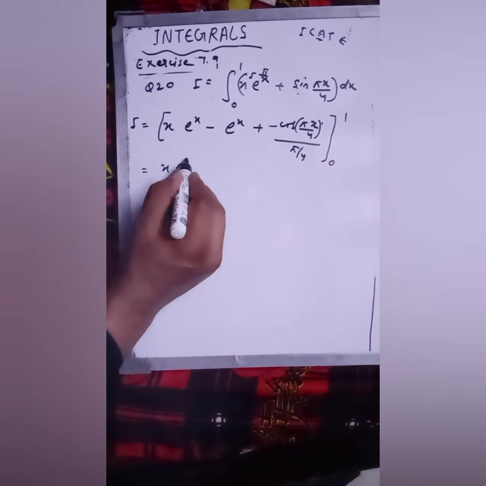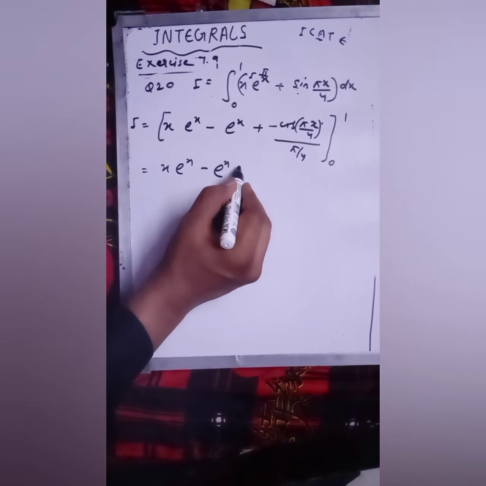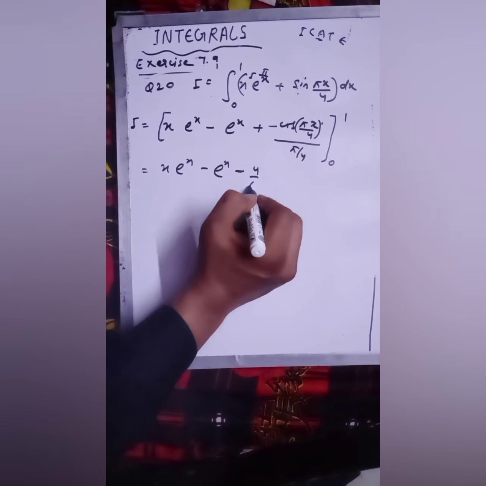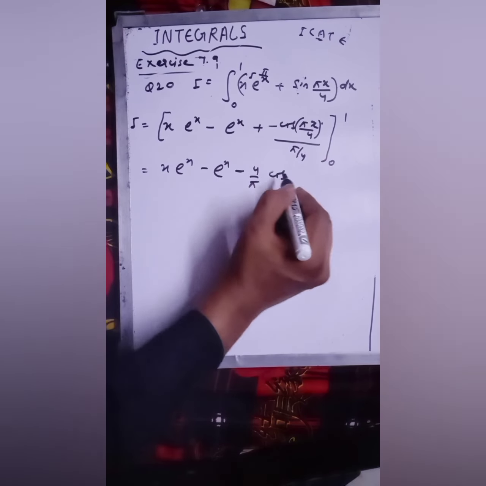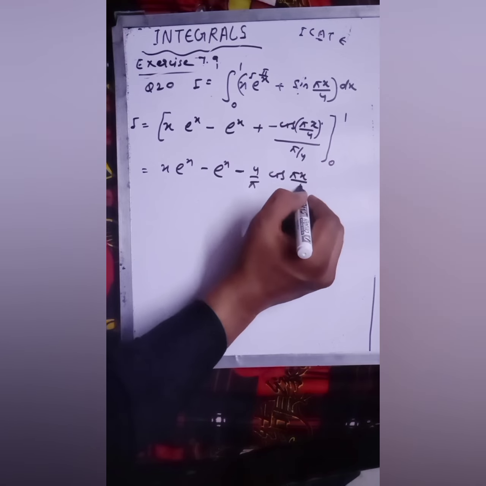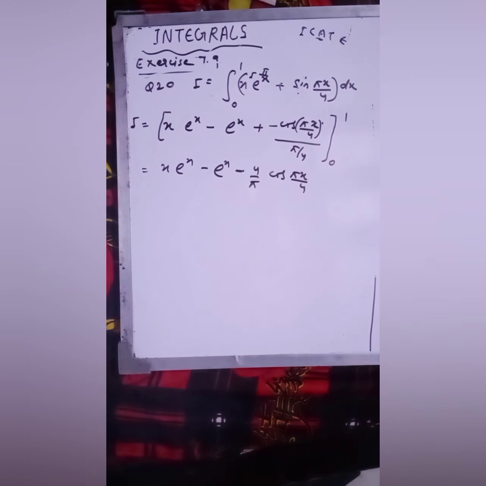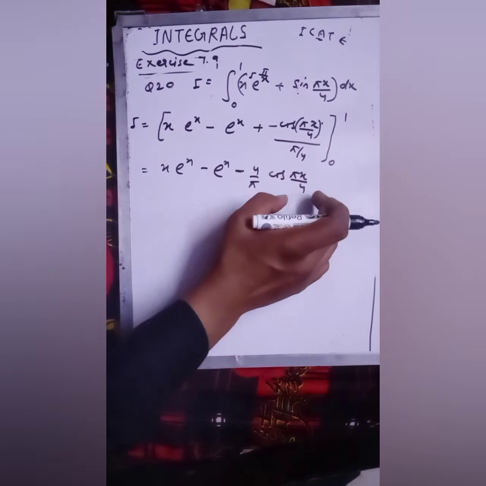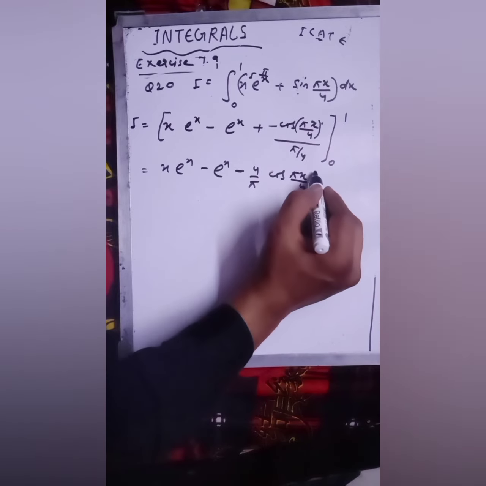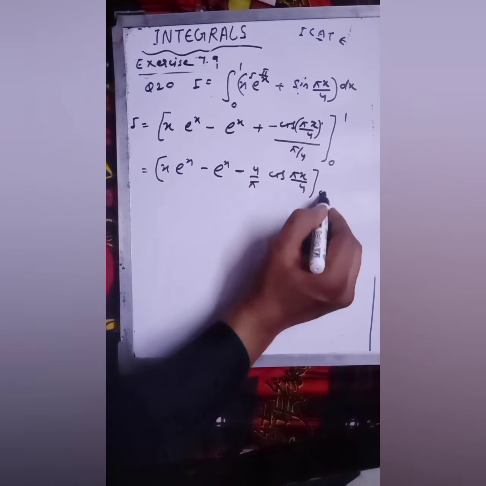So x e^x minus 4 by pi cos(pi x by 4). Okay, check the steps of this question. This will come and you have to put the limits.